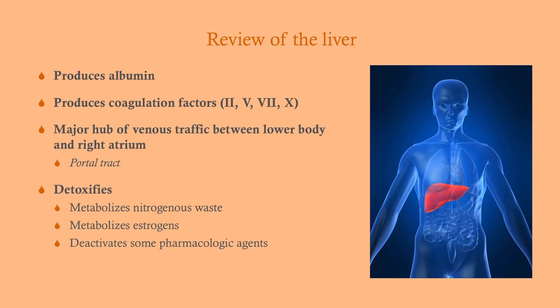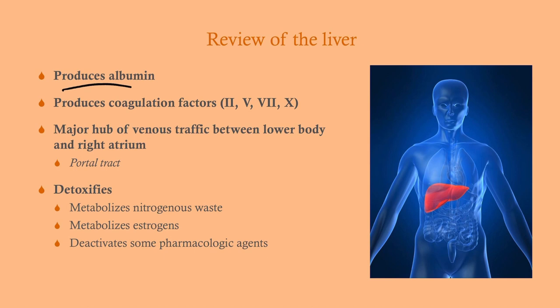All right, now let's just do a little bit of a review of the liver, because this is important stuff to know. Because if something goes wrong with the liver, then we're going to expect disturbances of these things. So in order to understand the symptoms of liver failure, you need to understand what the liver does. And usually we think of the liver as the detoxifier, but that's not all it does. So number one, the liver makes albumin.